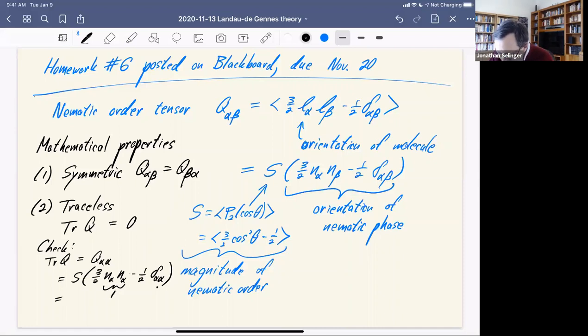So N dot N is 1. Delta alpha alpha, well, that is delta XX plus delta YY plus delta ZZ. So it's 1 plus 1 plus 1. It's 3. That's the dimension of space. So this is S times 3/2 minus 3/2. So that is 0. Okay, good.